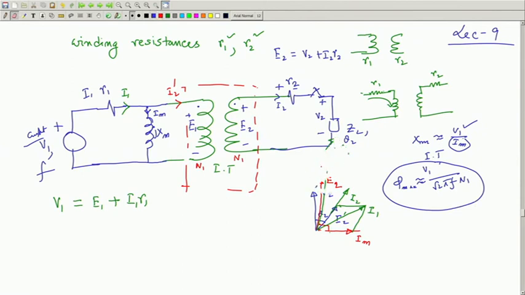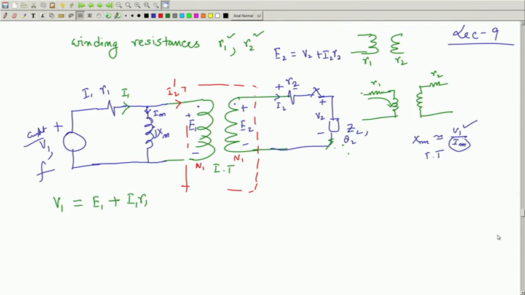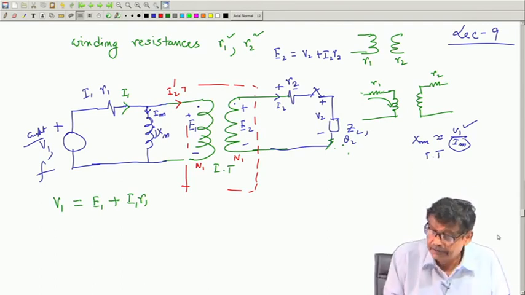I will clean this and once again redraw. The idea is very important, you must keep this in mind. Okay. So, I am redrawing once again very quickly.